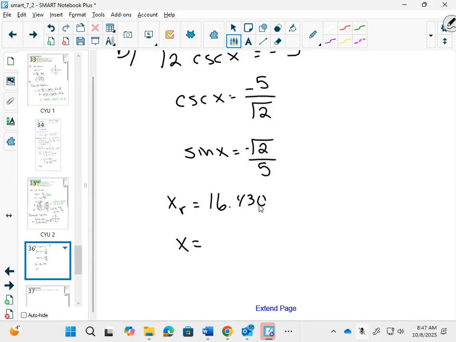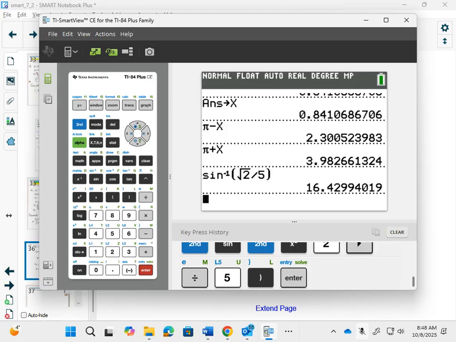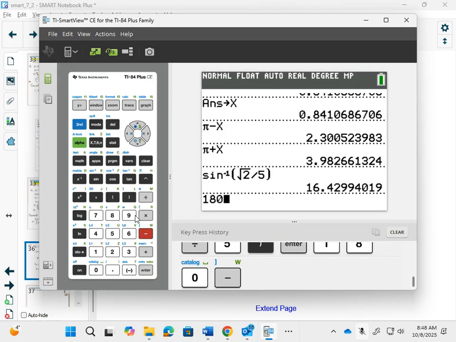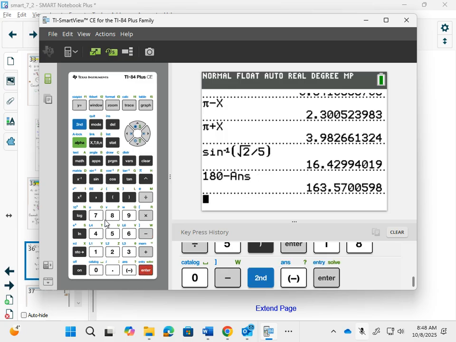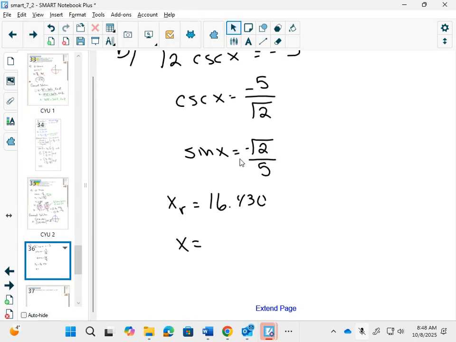Now, sine is negative. Sine is negative in quadrants 2 and 4. So I'm going to take my reference angle and in quadrant 2 I would do 180 degrees minus my reference angle. Isn't sine positive in quadrant 2? Right. Oh yes, thank you. It's quadrant 3 and quadrant 4.